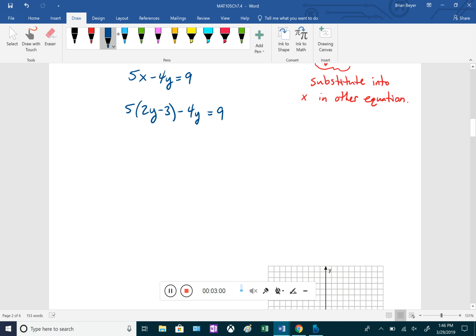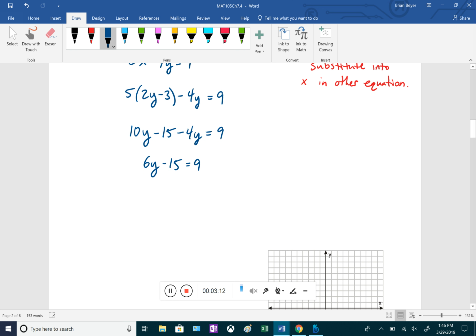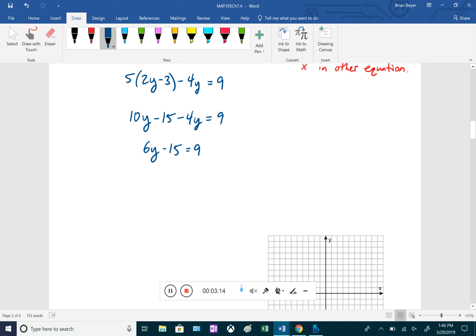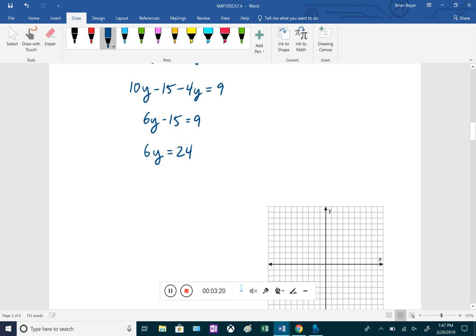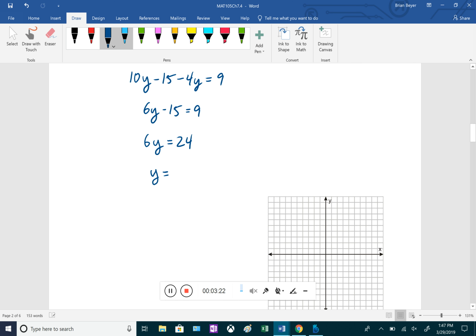We distribute the 5, so 10y minus 15 minus 4y equals 9. 10y minus 4y, we get 6y minus 15 equals 9. Then we have to add 15 to both sides. That gives us 6y equals 24. Divide both sides by 6, that gives us y equals 4.